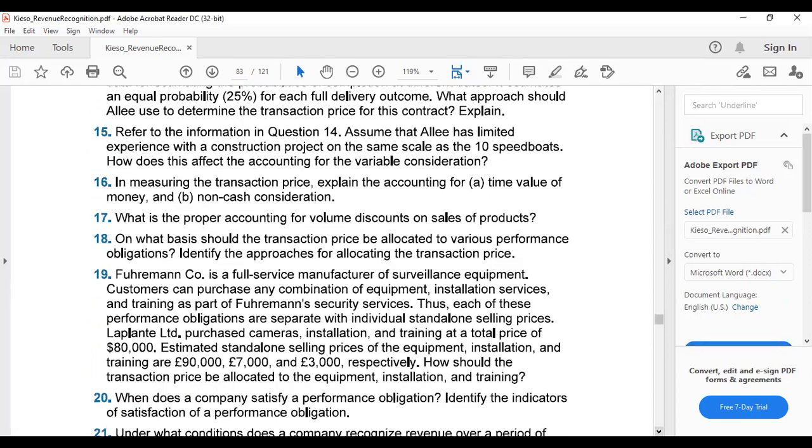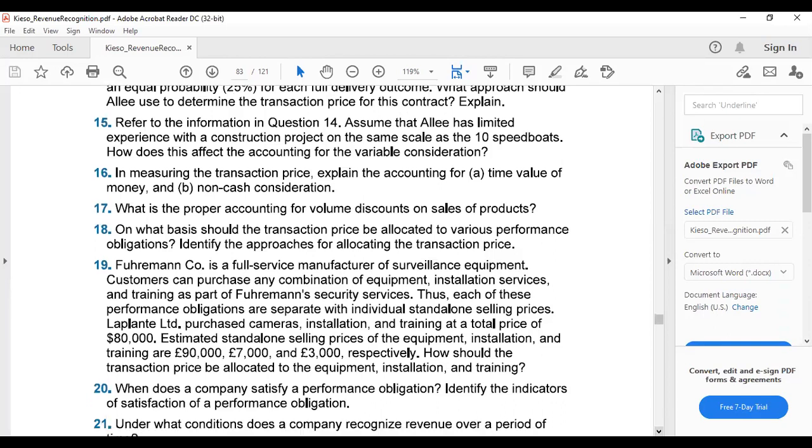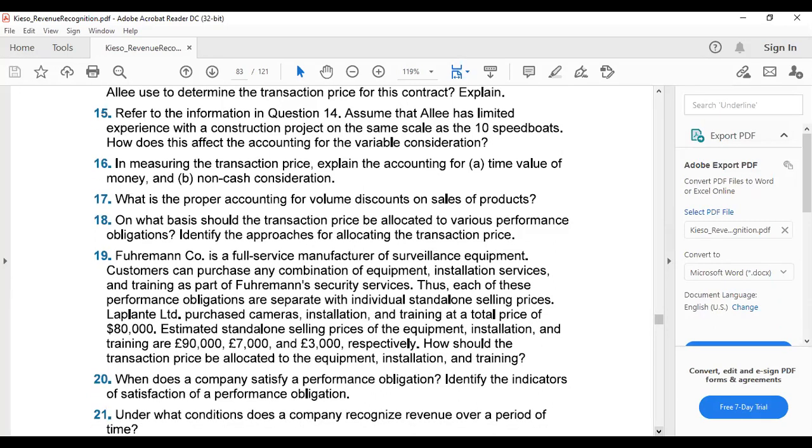So let's go to number 19. So here, each element has separate standalone.